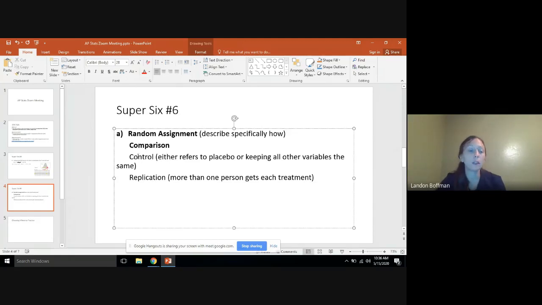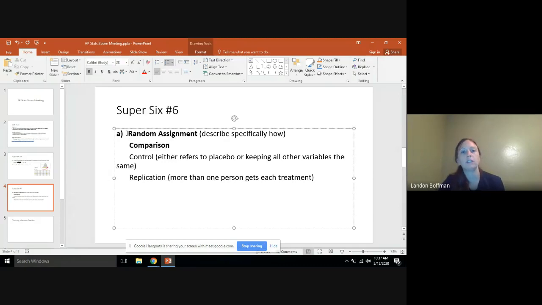If you really want to make sure you check all your boxes, I would talk about control, which normally refers to this second one, keeping all other variables the same. So anything else that could affect your result, keeping all those the same. And then replication, which means more than one person should be getting each treatment. But replications should be taken care of when you talk about random assignment.